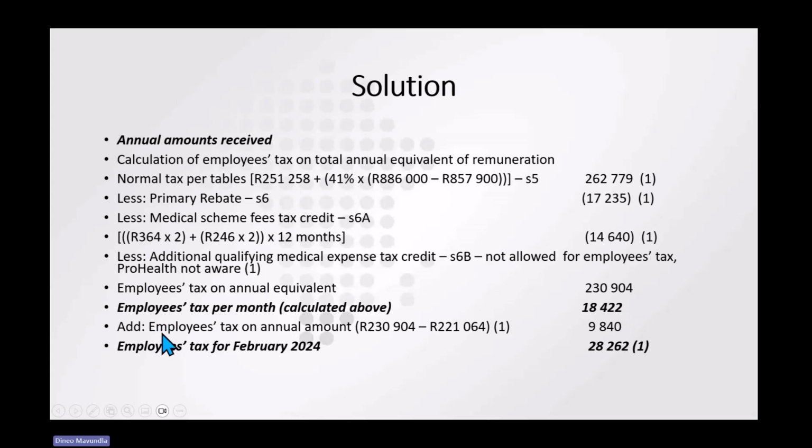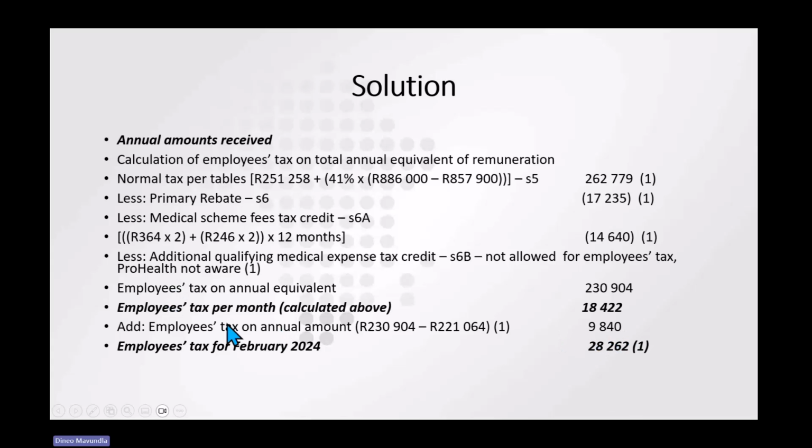Okay, so this is the one that we got up there. Sorry, I just said the wrong thing. So we would take our annual equivalent less the annual equivalent of our normal income that we got up there. That would give us the tax on the bonus or the annual payments of 9,840 Rand.